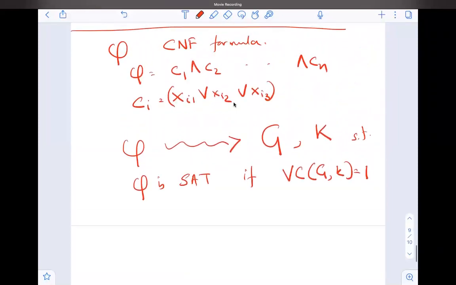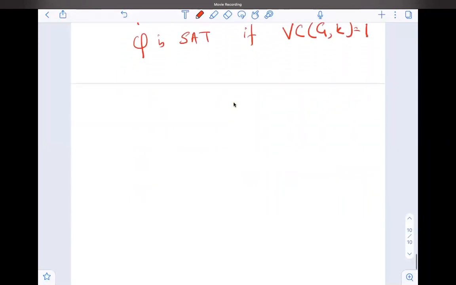So I have the variables x1 to xn, and I have the clauses. To define this graph G, what will be my vertices?